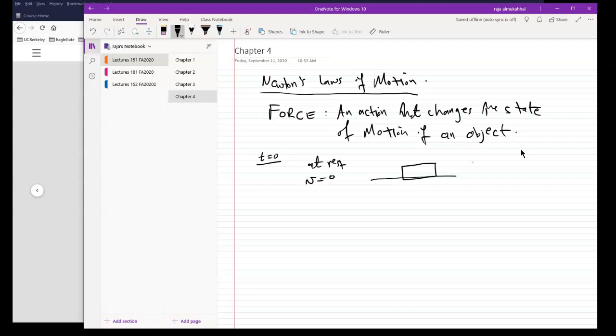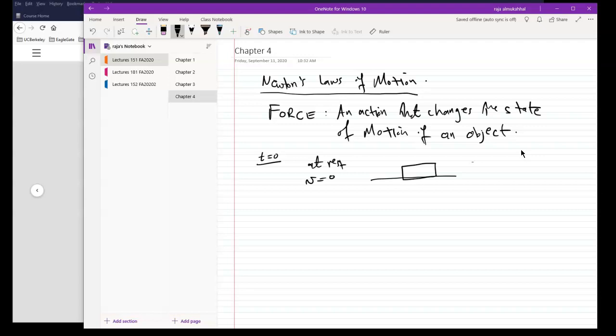However, now, how do I make it move? How do I cause it to move? Well, the only way that I can make it move is to push it or pull it or lift it or something like that, right? Well, all these words, push, lift, and pull, are expressions of force.